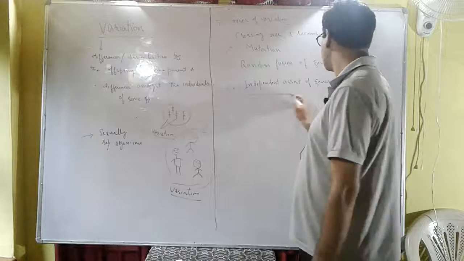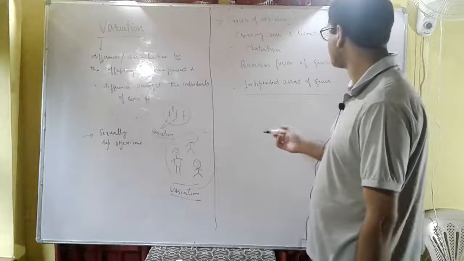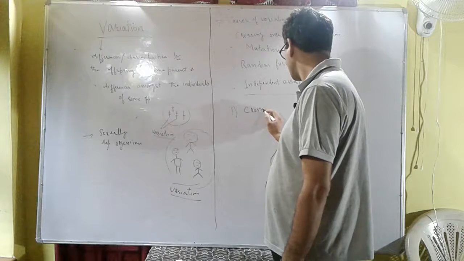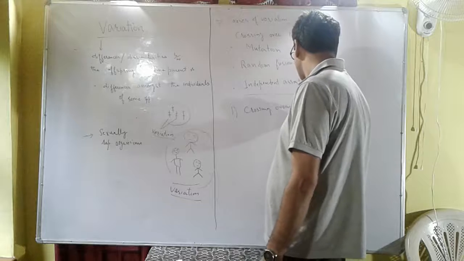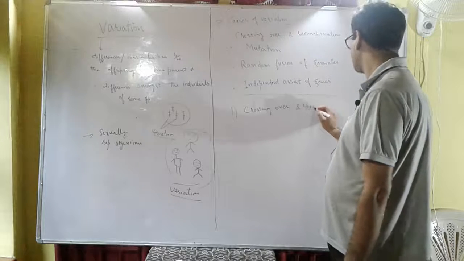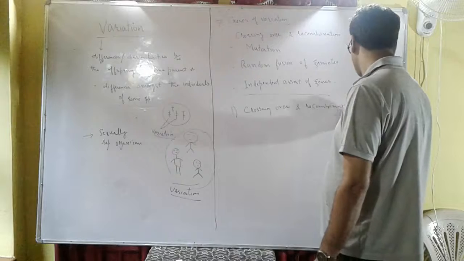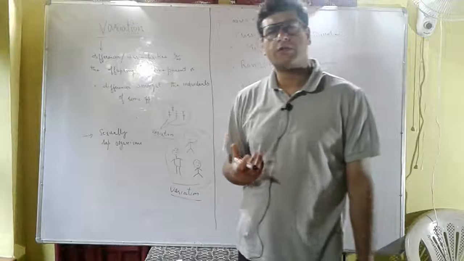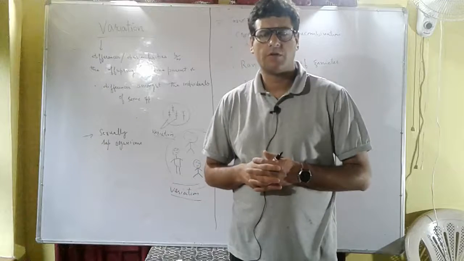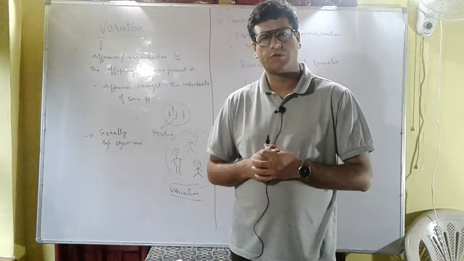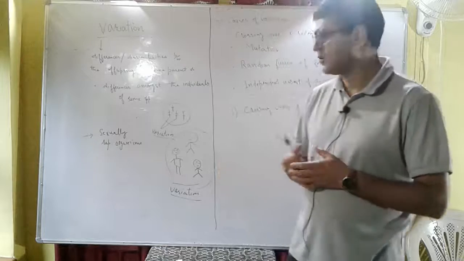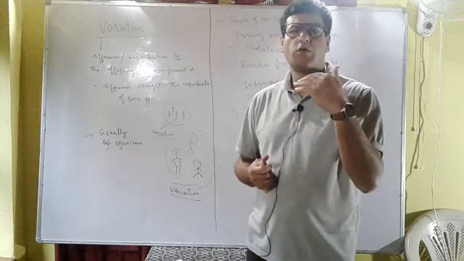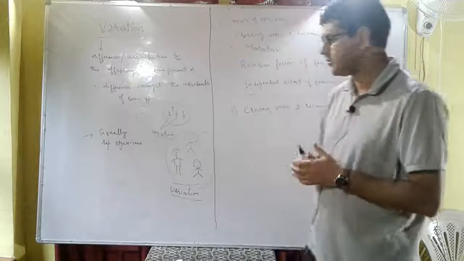So first, we'll talk about crossing over and recombination. This crossing over, what we call recombination, occurs between the homologous chromosomes during meiosis.